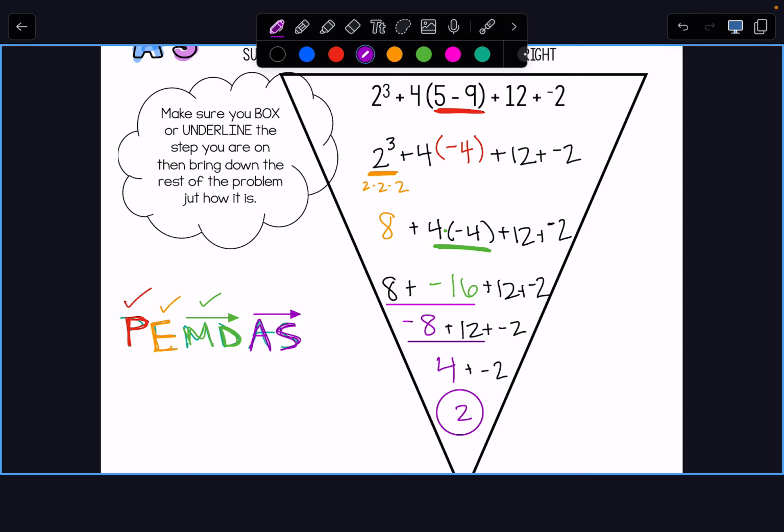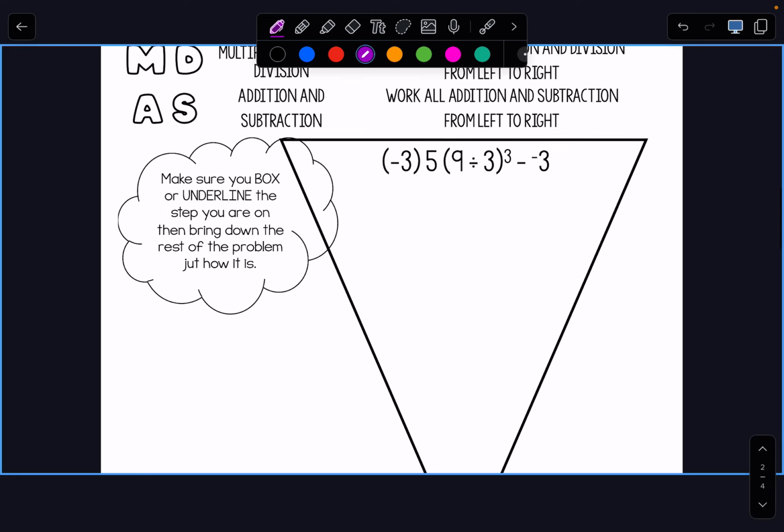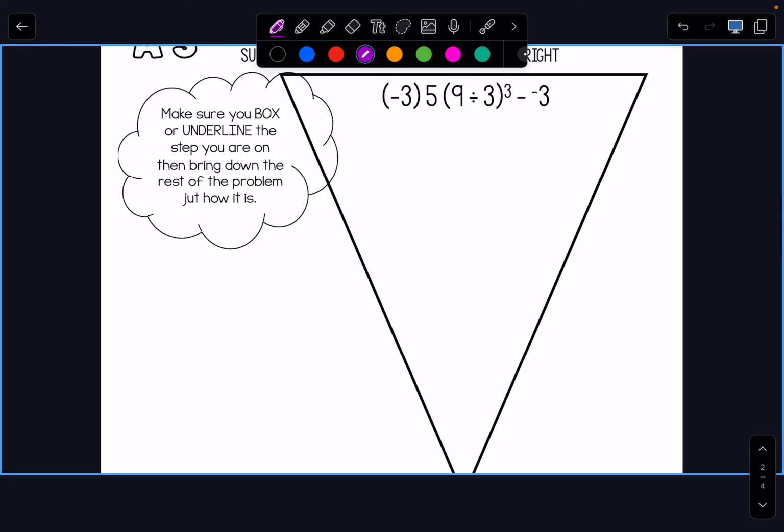One operation at a time. We need to follow that checklist with PEMDAS. Okay, questions about that example? Turn the page. We're going to do this example.